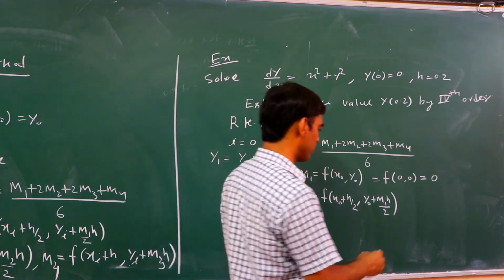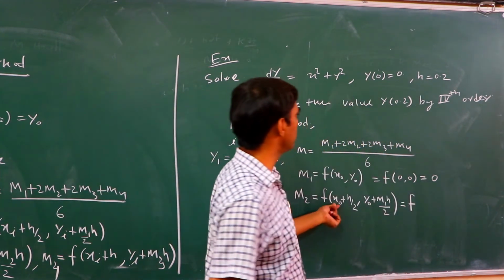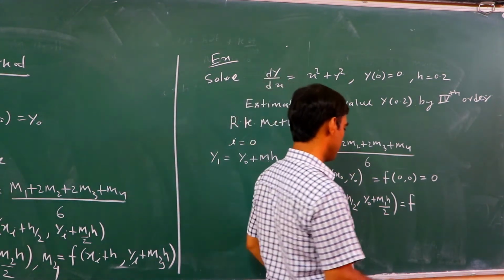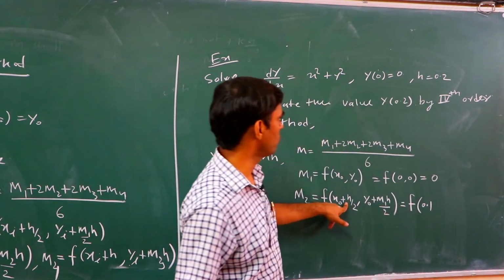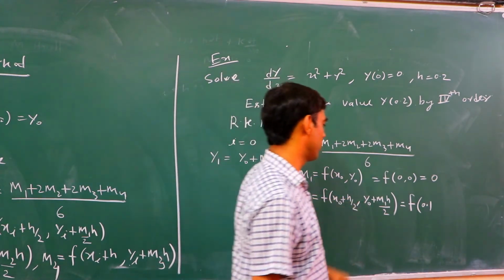So what is the value for this one? x0 becomes 0, h is 0.2 divided by 2, this becomes 0.1.